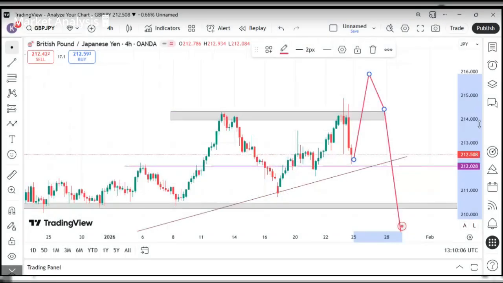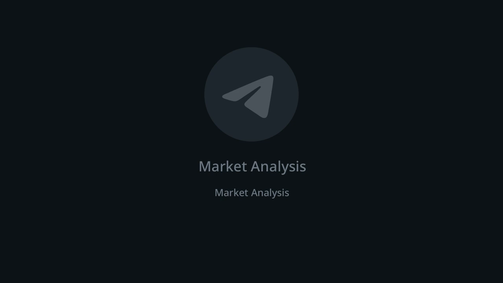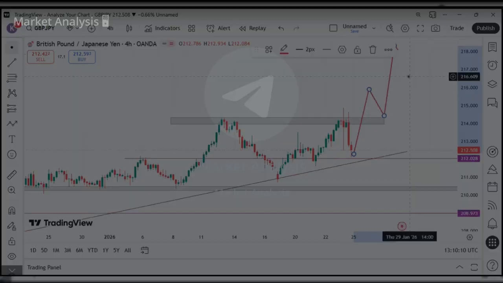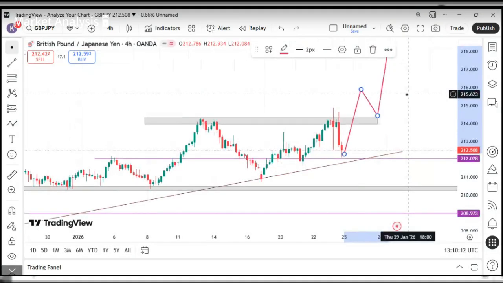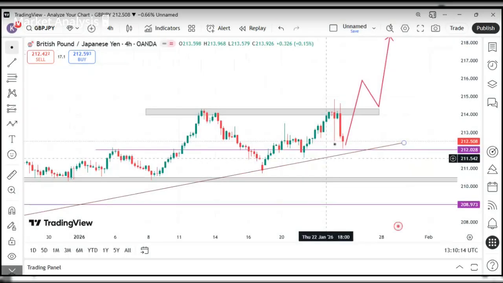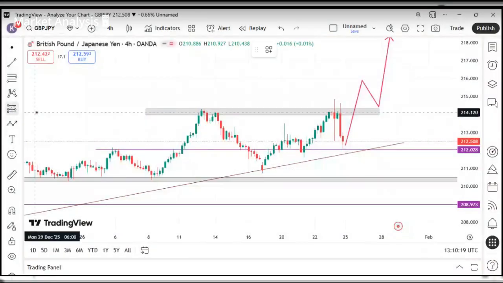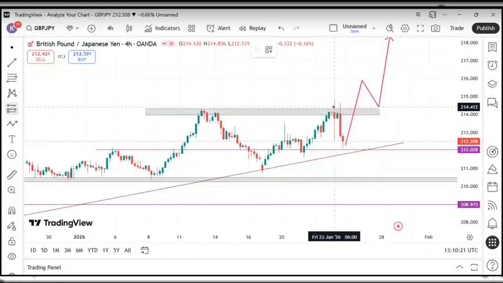These are the scenarios that we will be expecting. If it breaks, going up, will be a buy, something like this. If it breaks like this, we'll be buying GBPJPY.